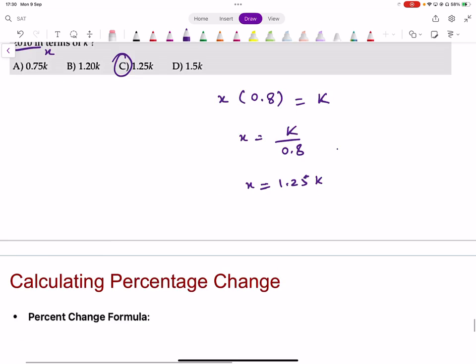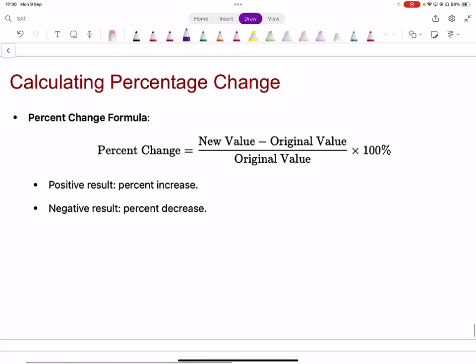Okay? All right. Sometimes you have to calculate percentage change, right? The amount changes from one number to another number, and you have to calculate what is the percentage change. So let's say something changes from 20 to 25. How do you find that percentage change? New number minus the old number divided by the old number.